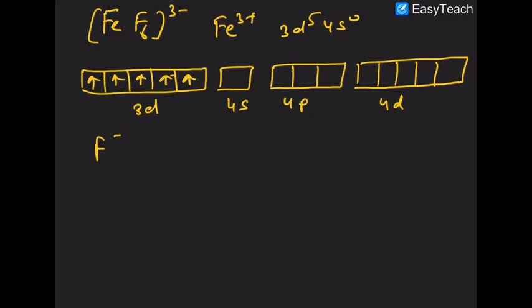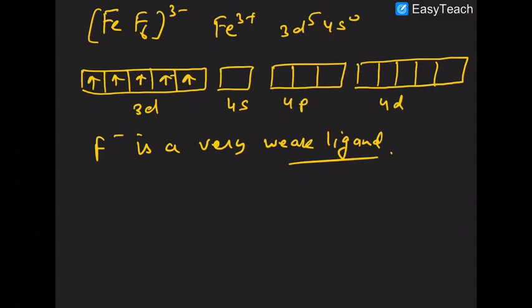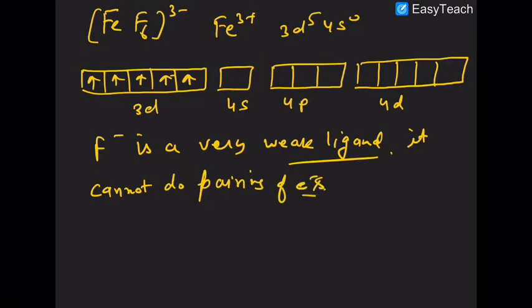Now fluoride ion is a very weak ligand. So what is a weak ligand? It cannot do pairing of electrons.